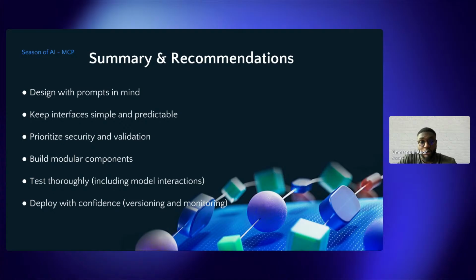Also, we have to build modular components. Like I said, building monolithic architectures when building our MCP is a no, especially if we want different building blocks like our services, AI, API managers, functions, and the likes. You have to break it up, the way we build microservices in our software development lifecycle.